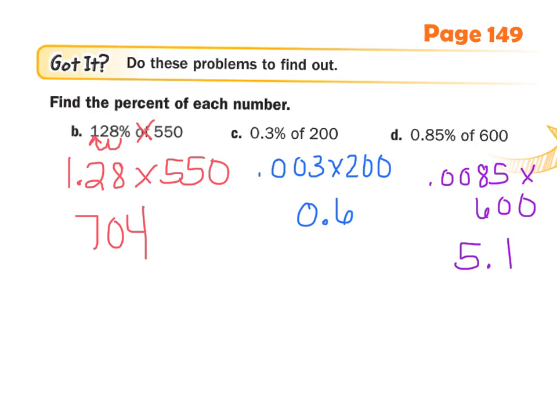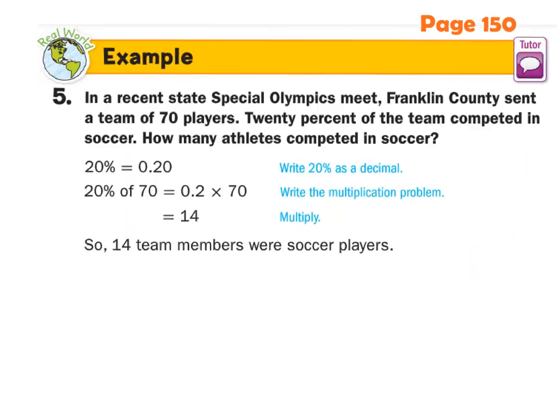Okay? One more example for us to work through. Page 150. In a recent state Special Olympics meet, Franklin County sent a team of 70 players. 20% of the team competed in soccer. How many athletes competed in soccer?